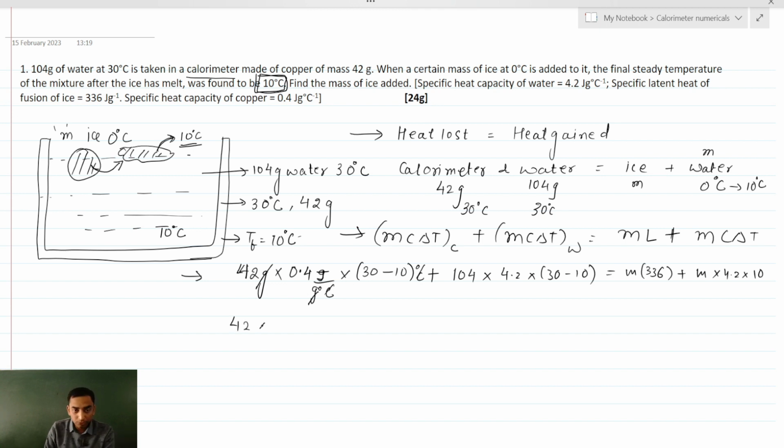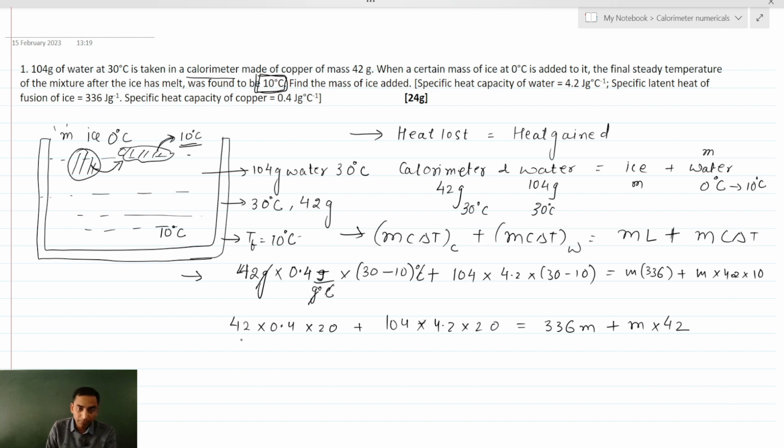This is 42 into 0.4 into 20 plus 104 multiplied by 4.2 into 20 again is equal to 336 m plus m into this decimal goes off with the 10, so it becomes 42, correct?